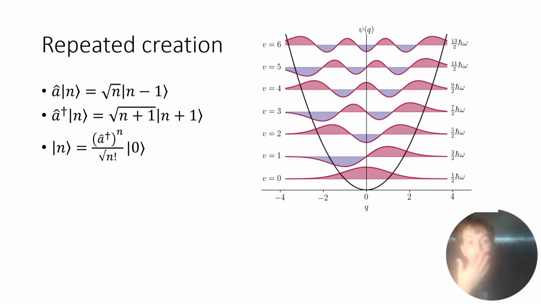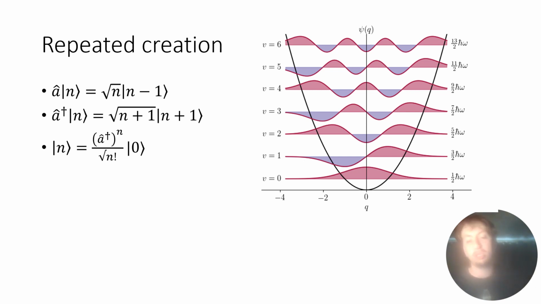And repeatedly using A dagger, one can show, and this is fairly straightforward if you're familiar with factorials, that we can construct a state with any energy starting from our ground state, where our ground state is represented as the zero inside the ket.